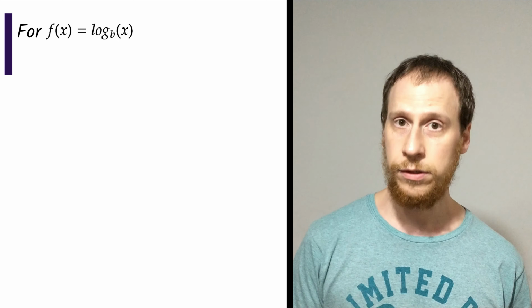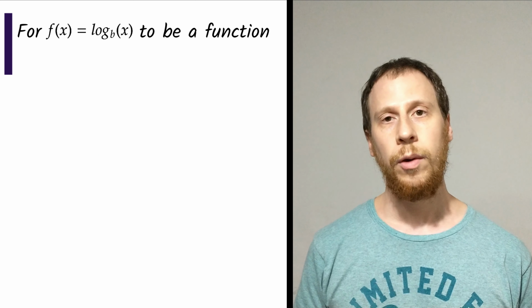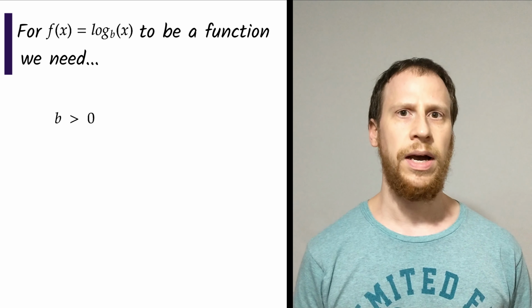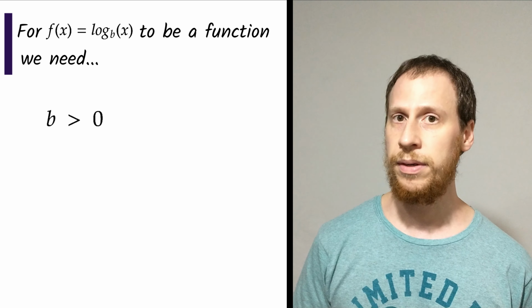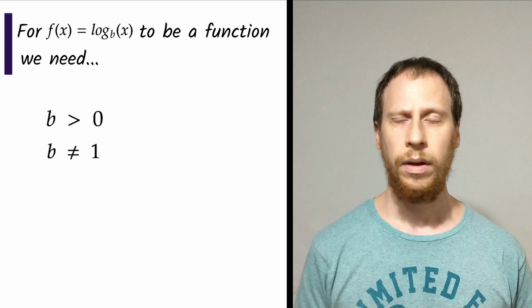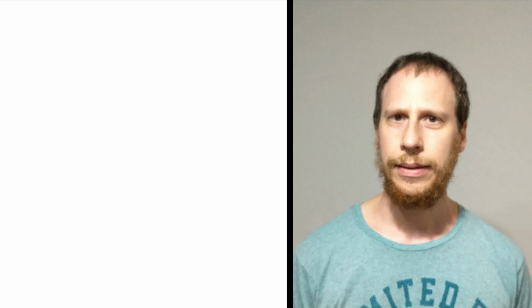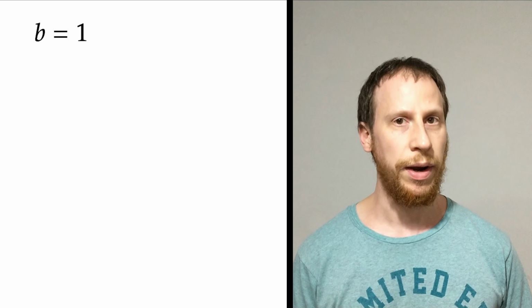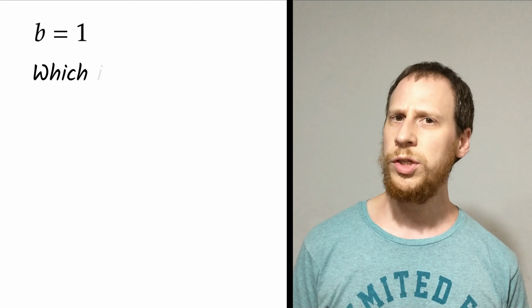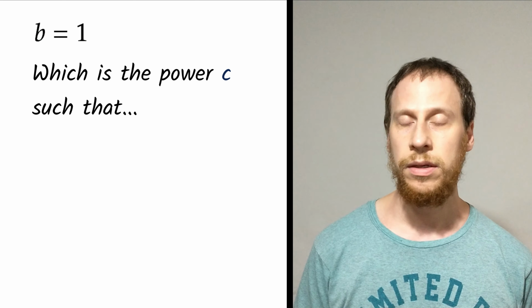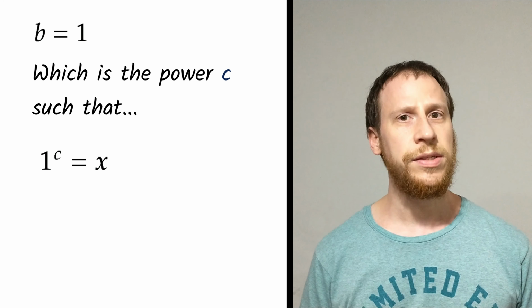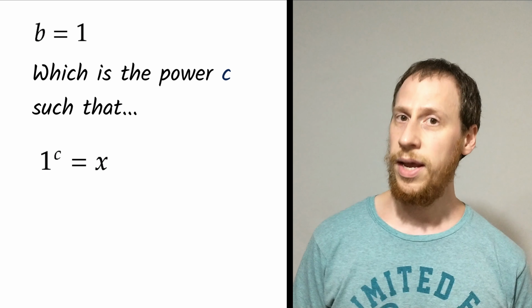Now, for this to be a function, we will consider b to be a positive real number different than 1. And why is that? Imagine that b equals 1. Then which would be the power c to which 1 raised to c equals x?